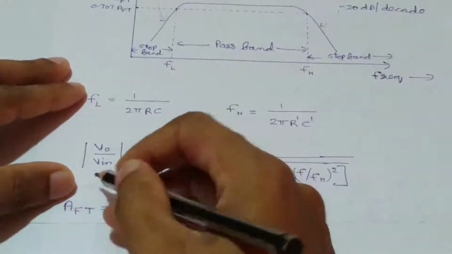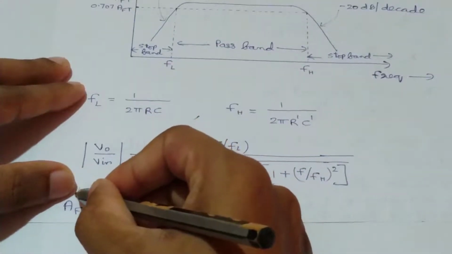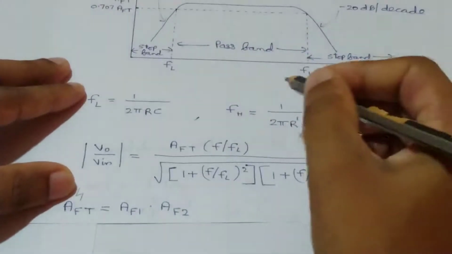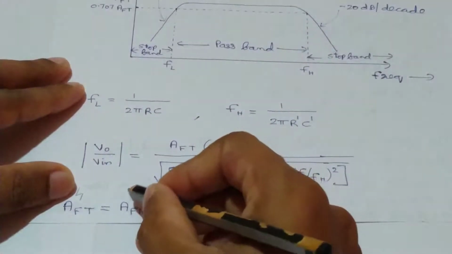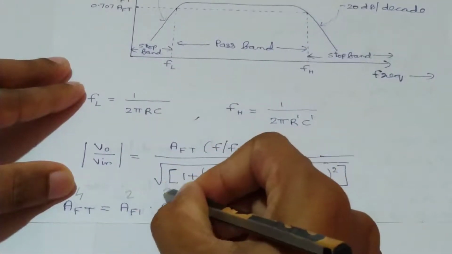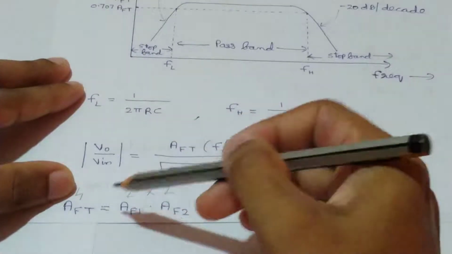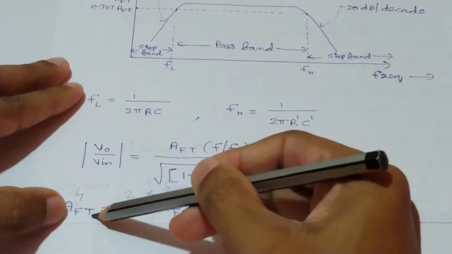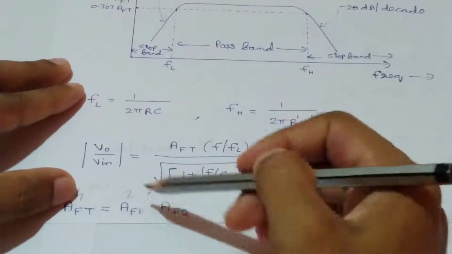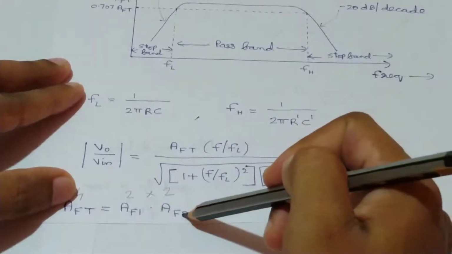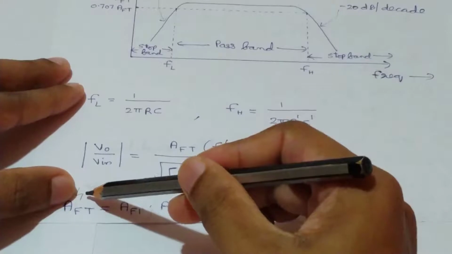So if the total passband gain is given as 4, then we need to choose AF1 as 2 and AF2 as 2, because 2 into 2 is 4. So if the total passband gain is 4, then AF1 into AF2 should be equal to 4.